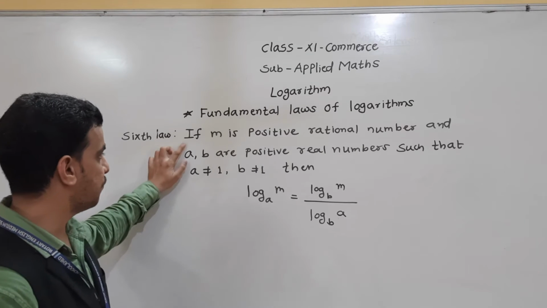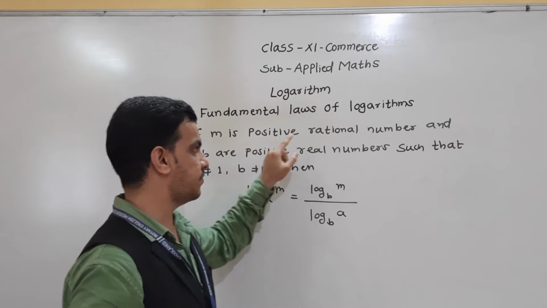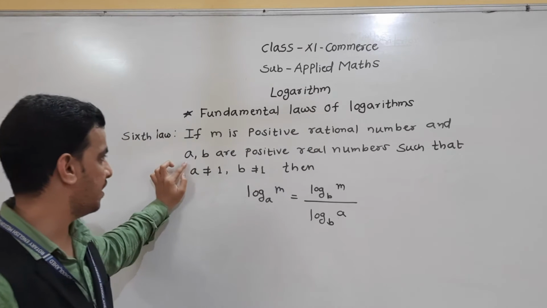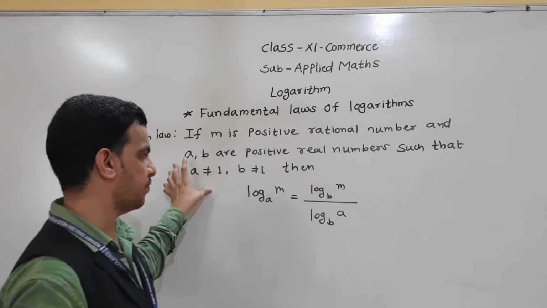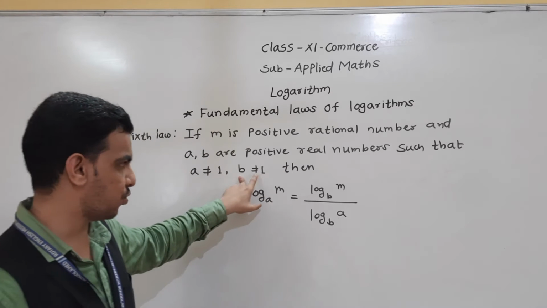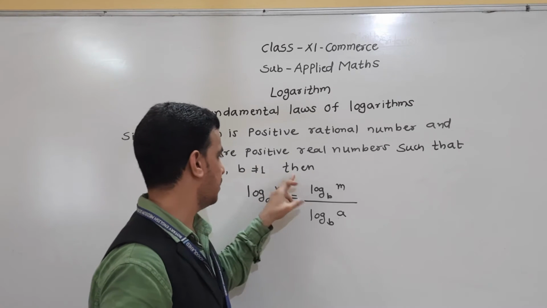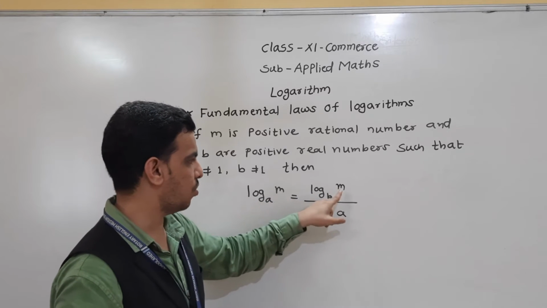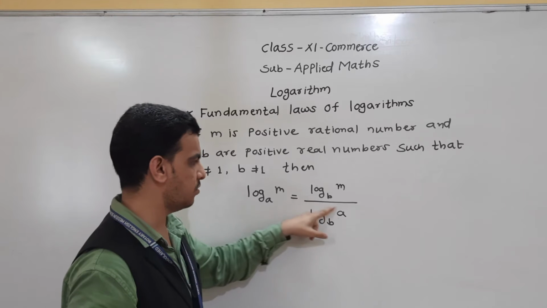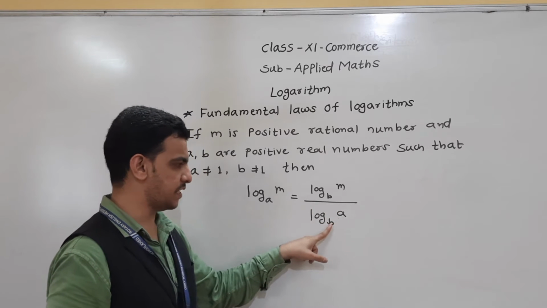The sixth law is: if m is a positive rational number and a, b are positive real numbers such that a is not equal to 1 and b is also not equal to 1, then log m to the base a is equal to log m to the base b upon log a to the base b.